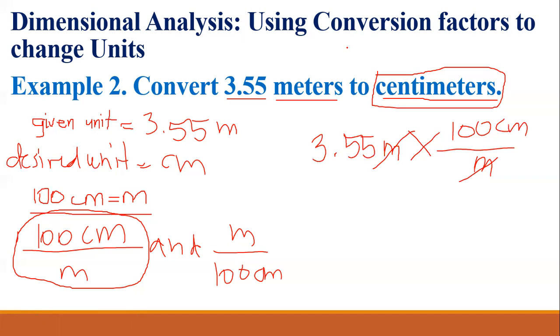So, in our example, 100 centimeters is equal to 1 meter. So, equivalent quantities appear in both numerator and denominator of the fraction, even though those quantities are expressed in different units. So, since the quantities in the numerator and denominator are equivalent, this conversion factor effectively divides the value by itself.